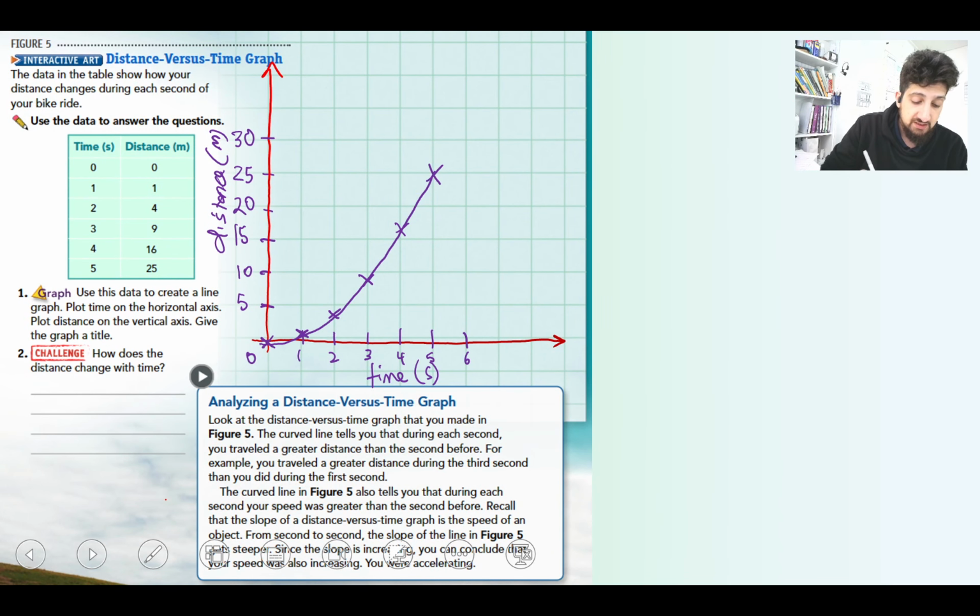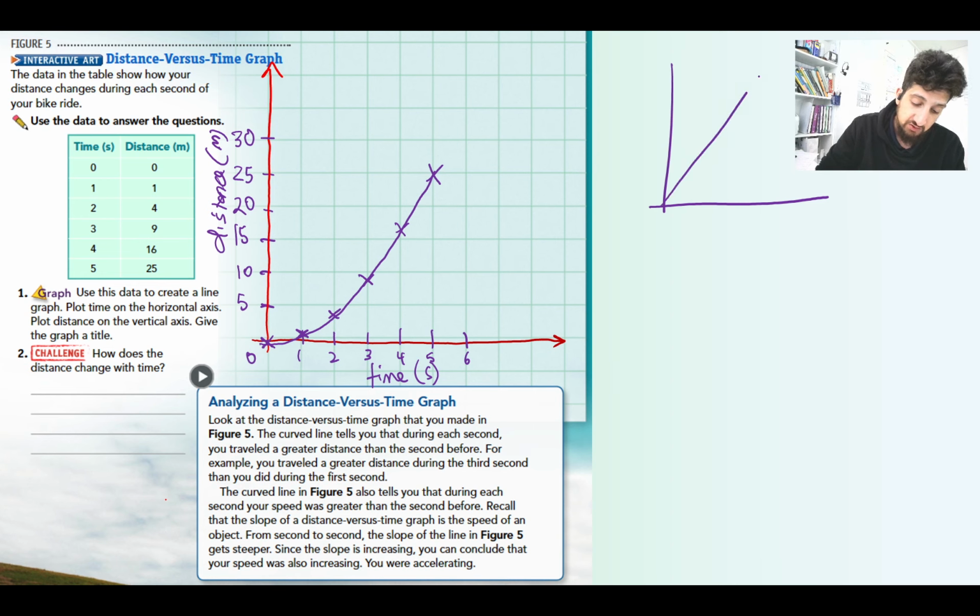A distance time graph that shows acceleration looks like a curve. With a distance time graph that shows deceleration, it looks like a curve in the opposite direction. So that's for distance time. With a velocity versus time graph or a speed versus time graph, it's going to show a straight line.